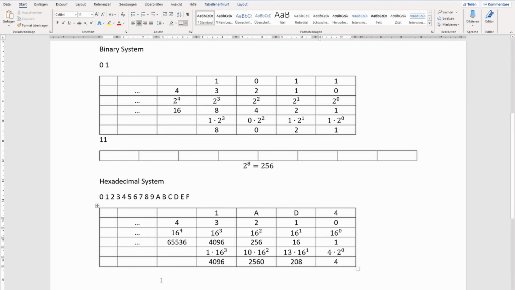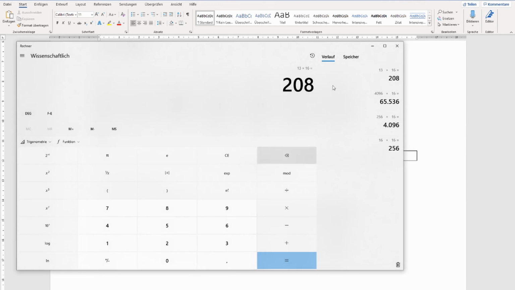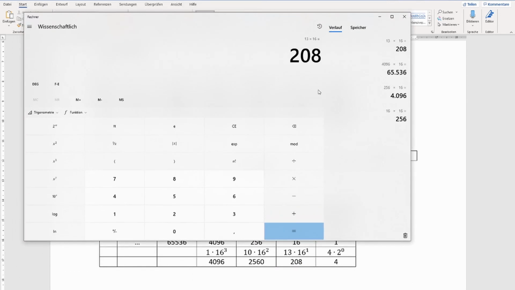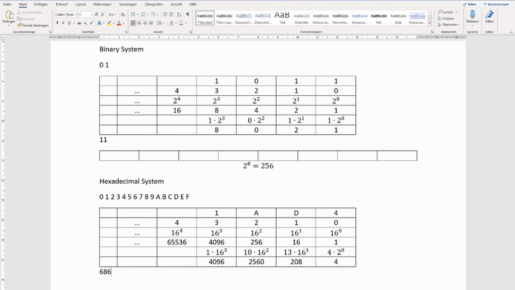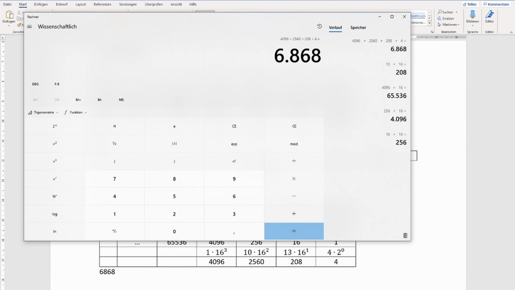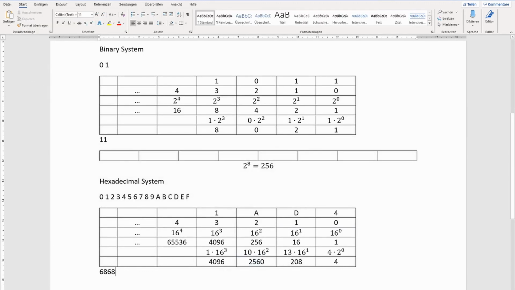And so we do have in total 4096 plus 2560 plus 208 plus 4, 6868. Really? Okay. 6868 in decimal.